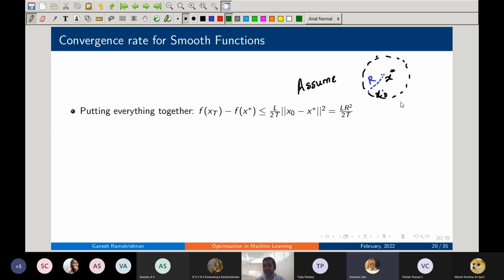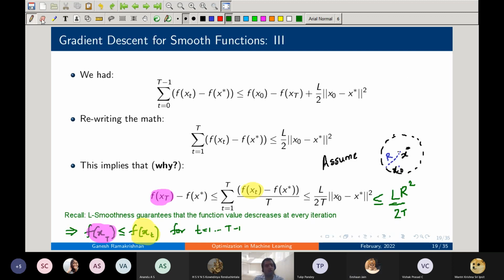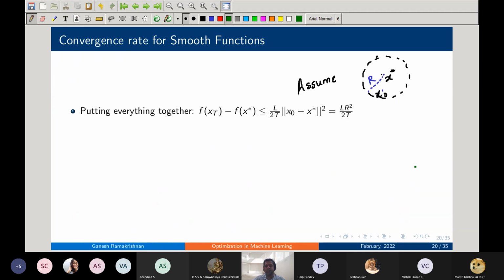Okay, 1 by epsilon. One small notice, we can make this an equality. By the way, it doesn't have to be equal, just make it equality. We can assume that this r is exactly the norm of x0 minus x star.